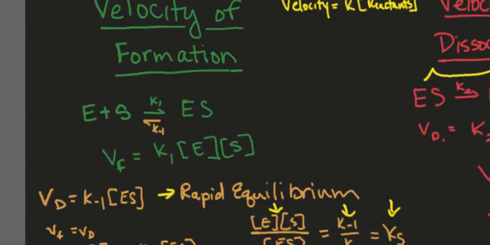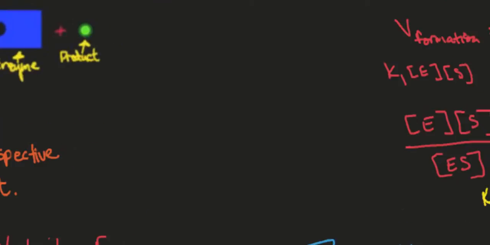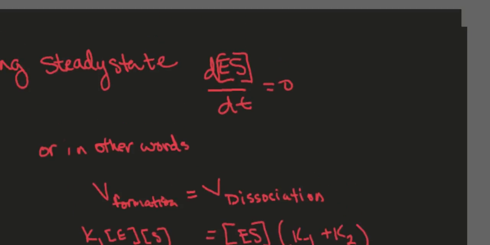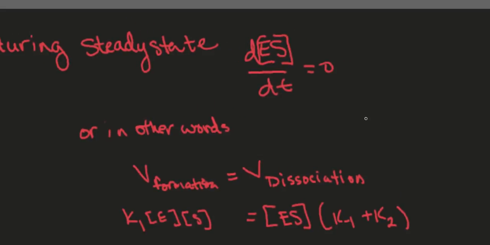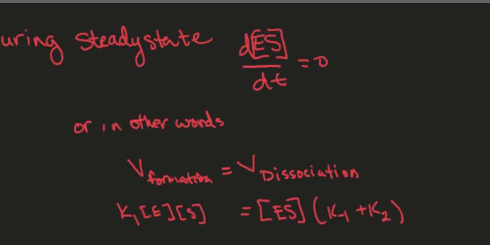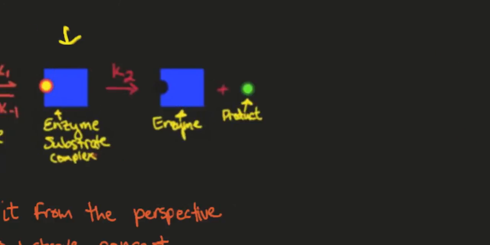All right? So if we're looking at steady state, we know that the concentration of enzyme substrate complex is pretty much constant, meaning there's no rate of change.